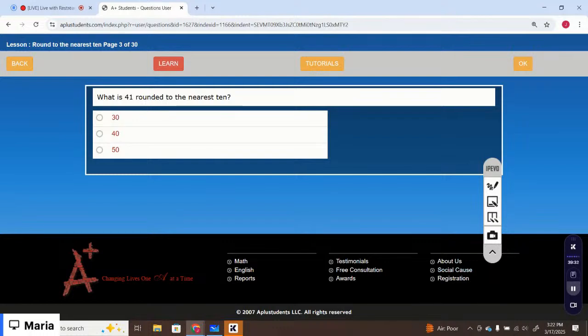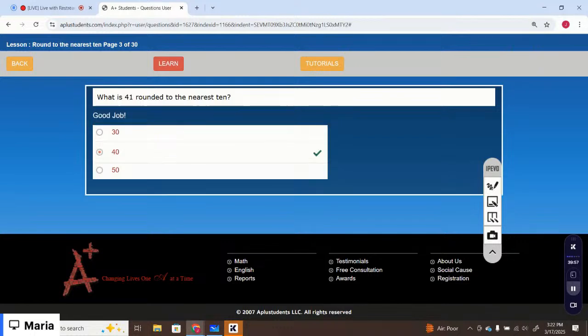What is 41 rounded to the nearest 10? Forty-one is rounded to 40.